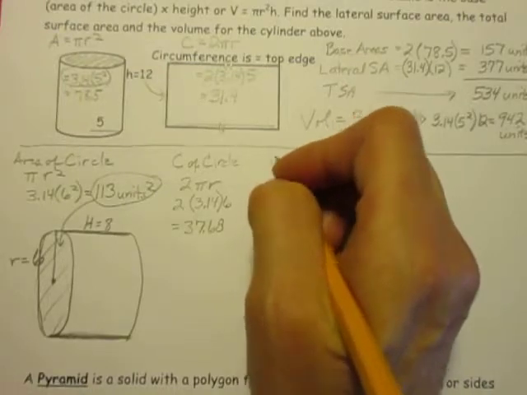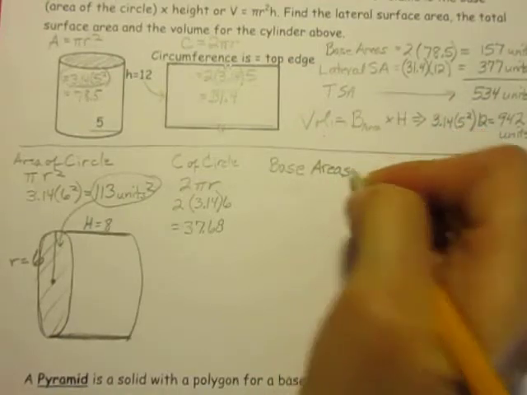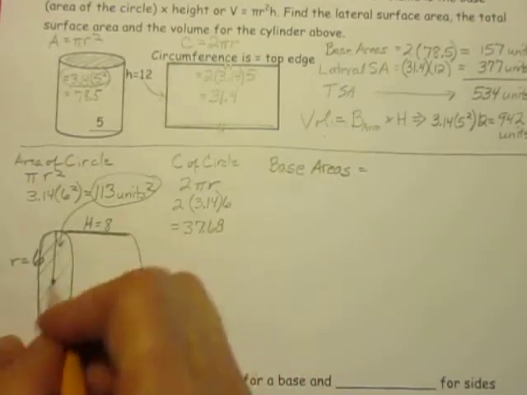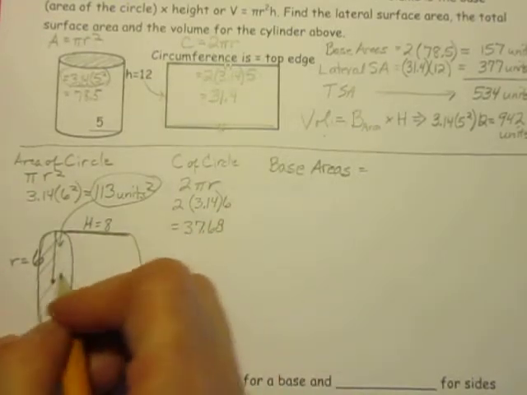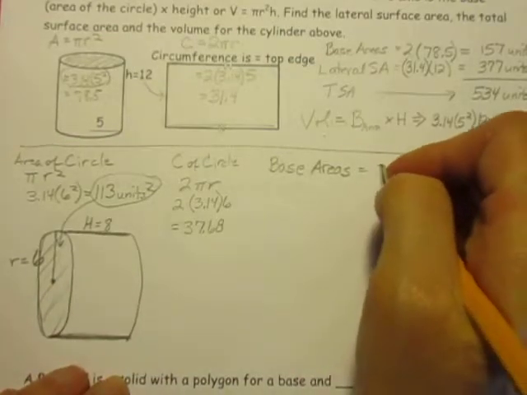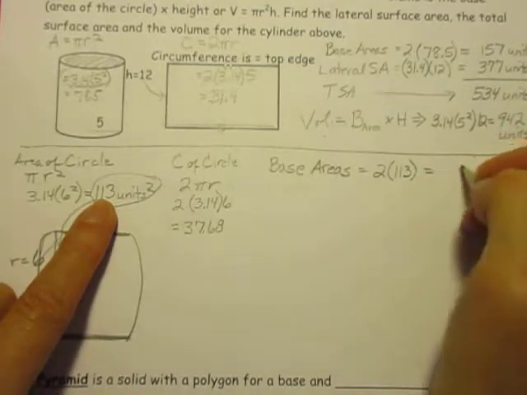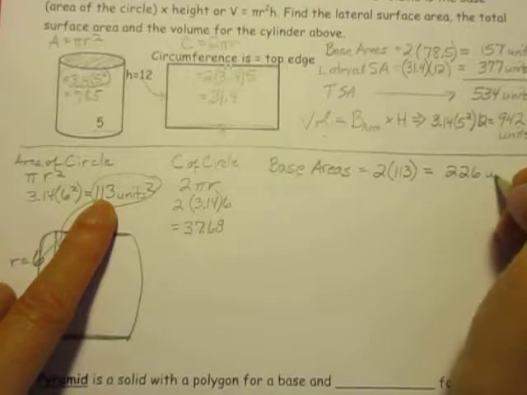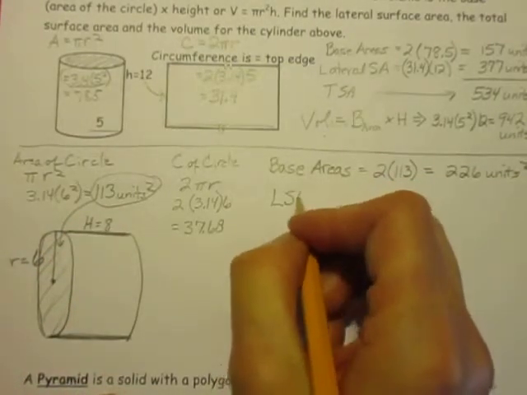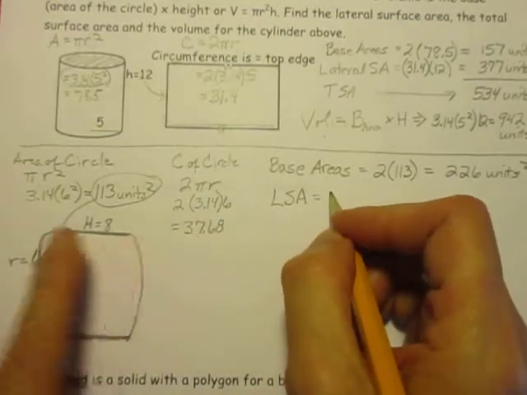So we're going to start with our base areas. Again, we have 2 of these circles. We've got the front and the other side here. I shouldn't say the front, but the right and the left circles here. We've got 2 of those. We said 113, and that would give us 226 units squared. Then if we find our lateral surface area, that is going to be this circumference times the height.